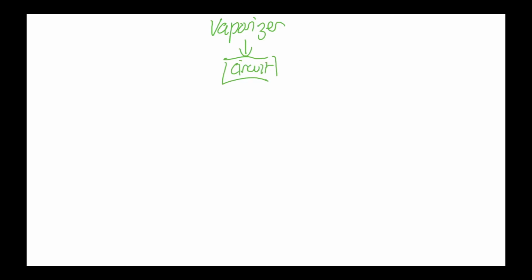Then the circuit starts to try to equilibrate with the lung. And then with the lung, you can get distribution. I'm writing it both ways just to help you understand.